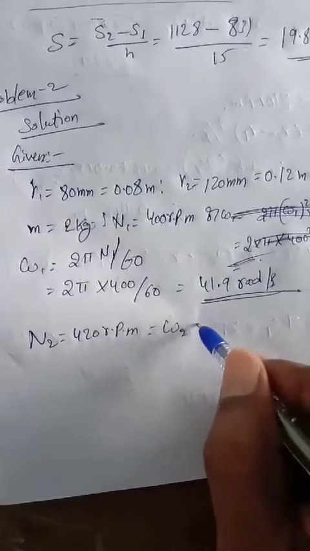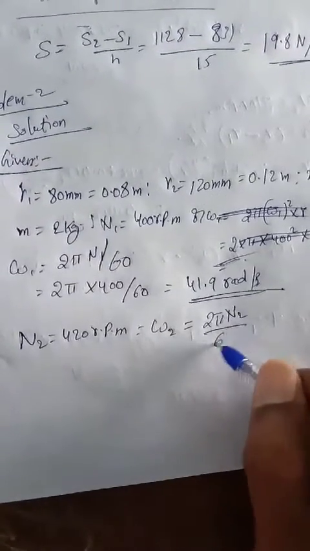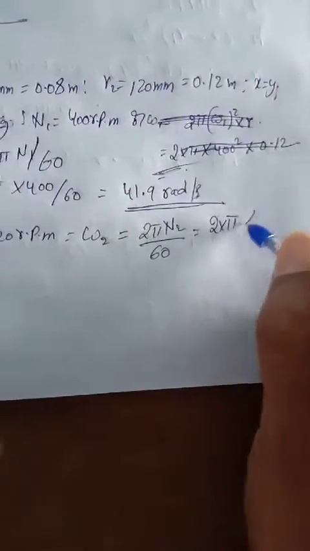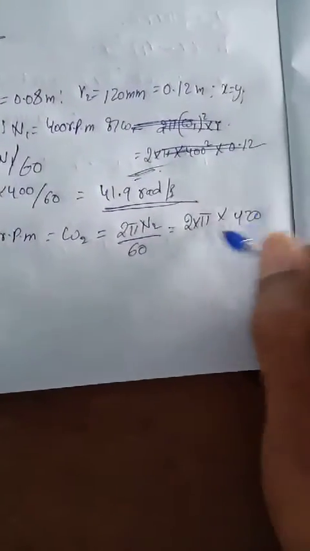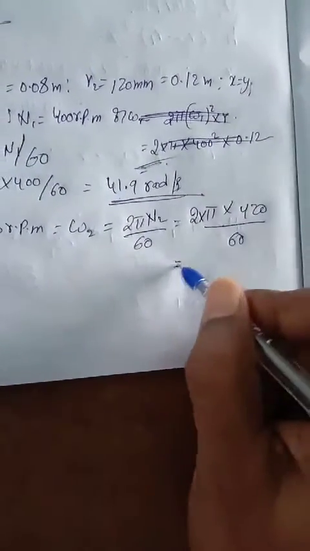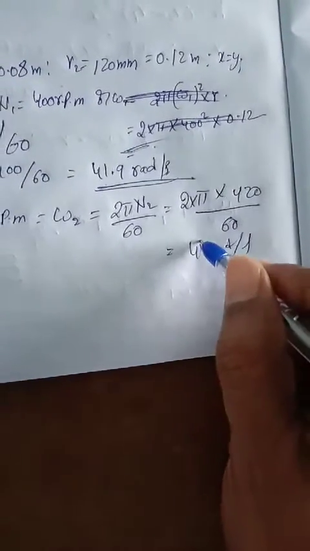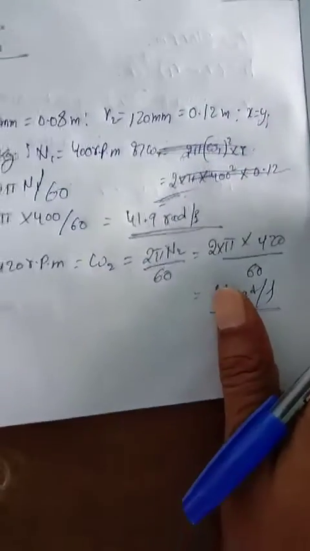Then omega 2 is equal to 2 pi N2 by 60. So 2 into pi into 420 divided by 60. So this answer will come around 44 radians per second. This is the given data for this.